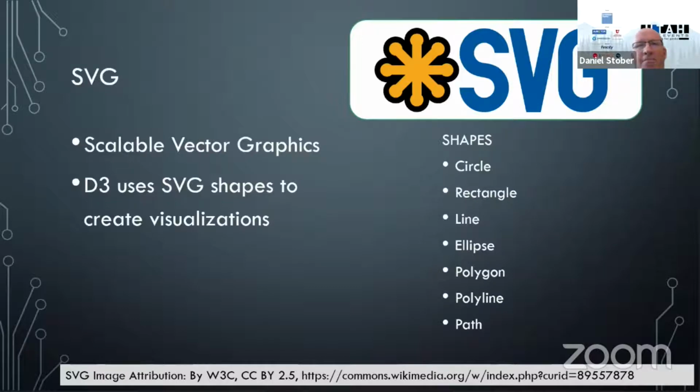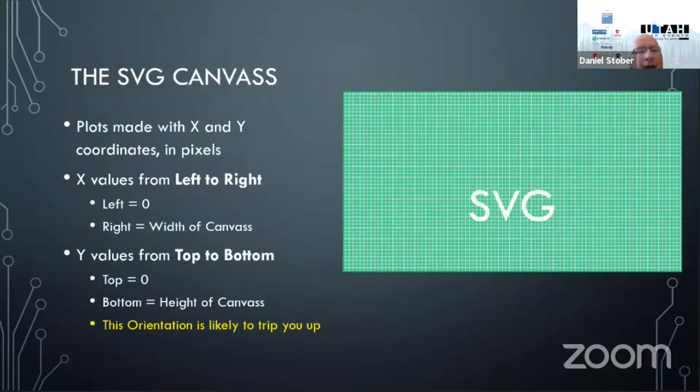And so when you think about it, most charts that you look at are a combination of rectangles and circles and lines put together in some format in order to convey the message that's trying to be created. So again, that's how D3 works. It's going to basically pile on and use SVG to do that.